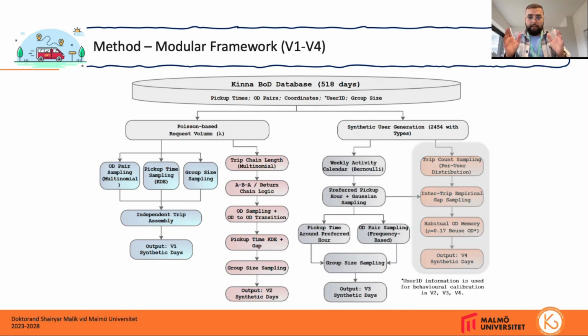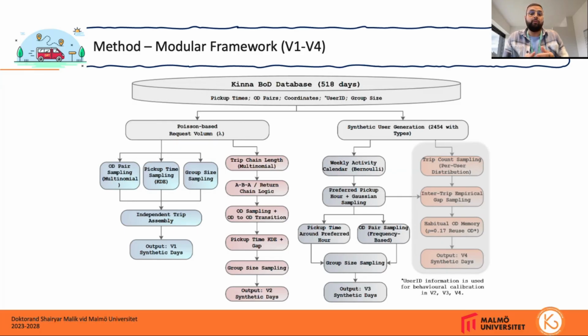Again, this was the final hybrid version in which we have included all of the layers that we have introduced before: the frequency, the trip chaining, and the user-level preferred hours or preferred days. So this version adds the OD memory, or inter-day repetition. Each synthetic user has a habitual origin-destination pair.